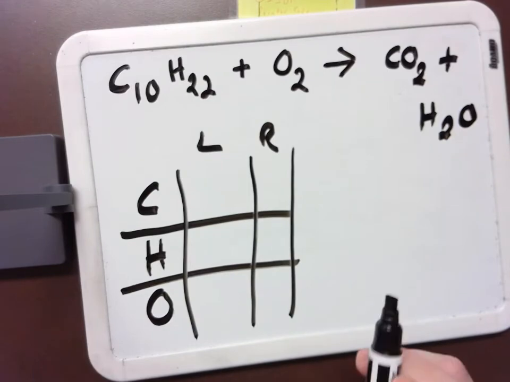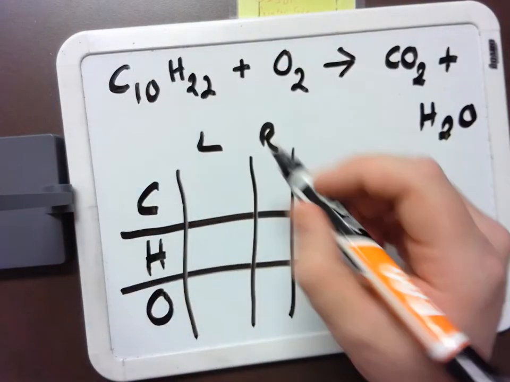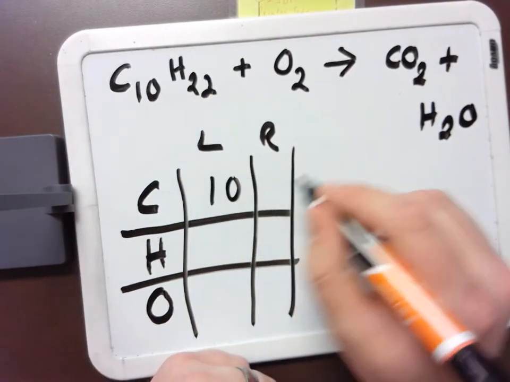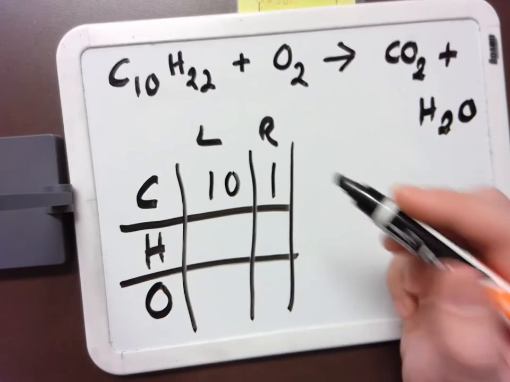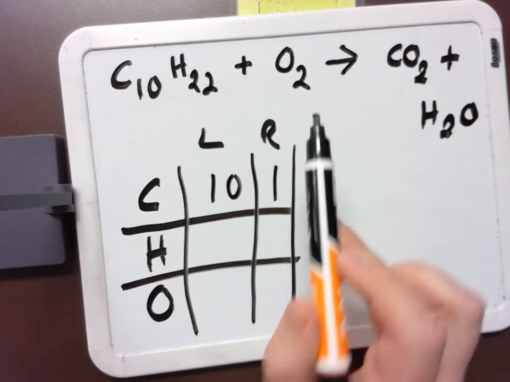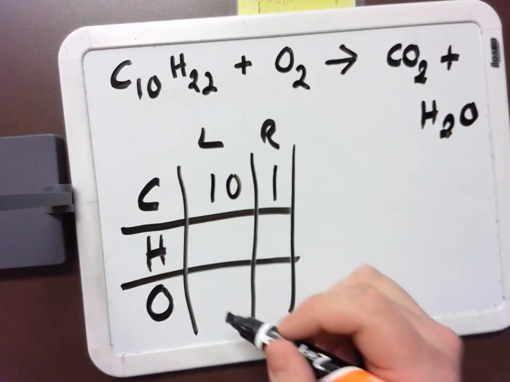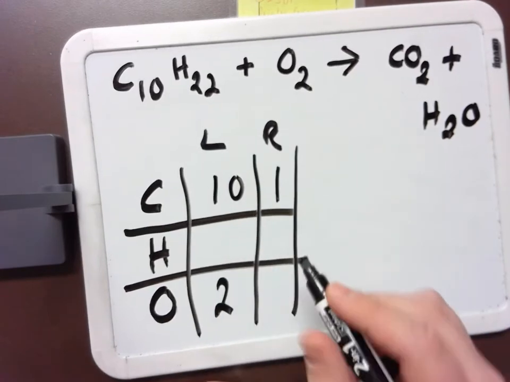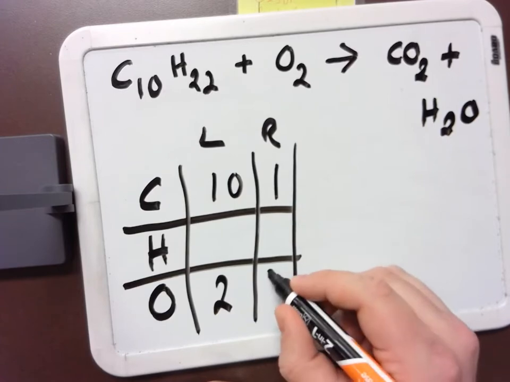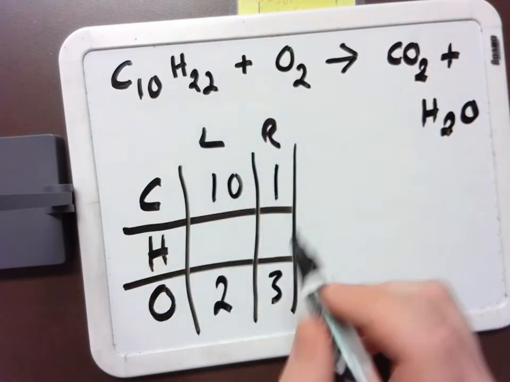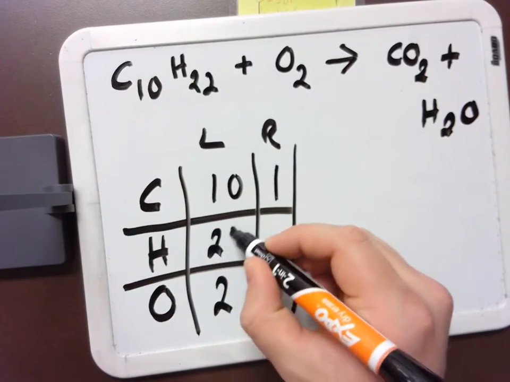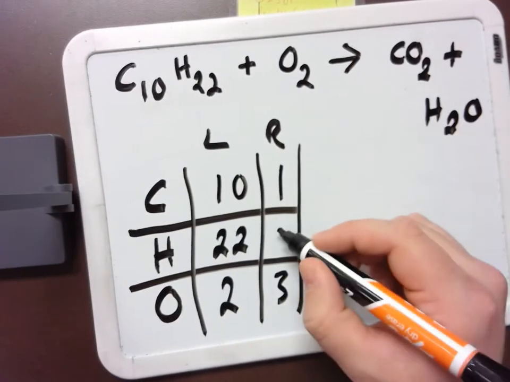So we have 10 on our left, and we only have 1 on our right. So this can make it troublesome. Now we have O, 2 on the left, and 3 on the right. And we have H's, 22 on the left, and 2 on the right.